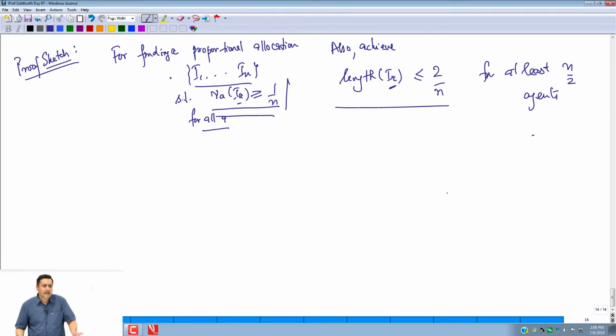Well, I'll just pick any interval of length less than 2 over n, just the first one, from 0 to 2 over n. Length is completely independent of value, so you're good to go.